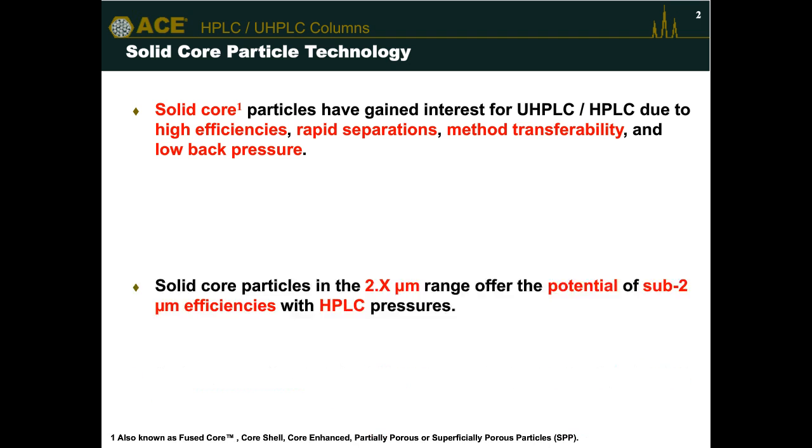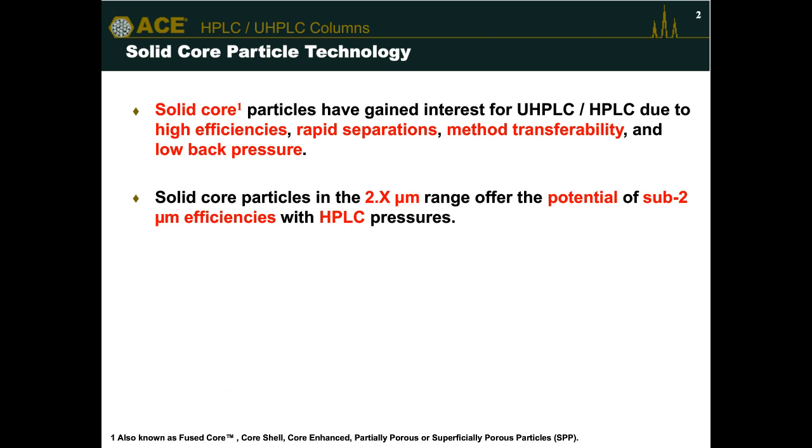The most recent introduction of particles was in the 2-point-something micron size, so between 2.4 up to 2.7 micron particle size. And this particle size gives us efficiencies that are comparable to sub-2 micron fully porous particles, but with the advantage of using HPLC pressures.